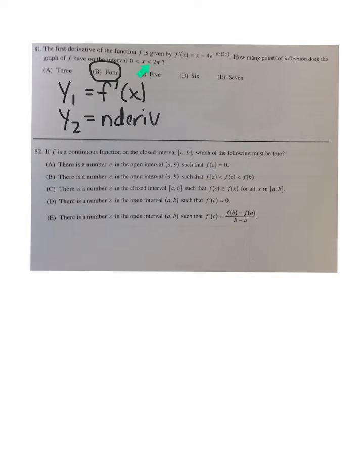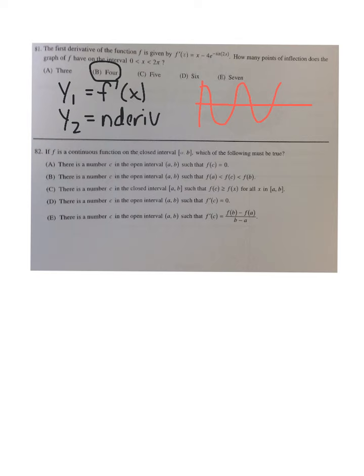Also, make sure that you go to your window and change your x min to 0 and your x max to 2 pi. Otherwise, you're going to get some kind of a wacky picture. Okay? All right, so when I did that, I ended up getting a picture that looked something like this.